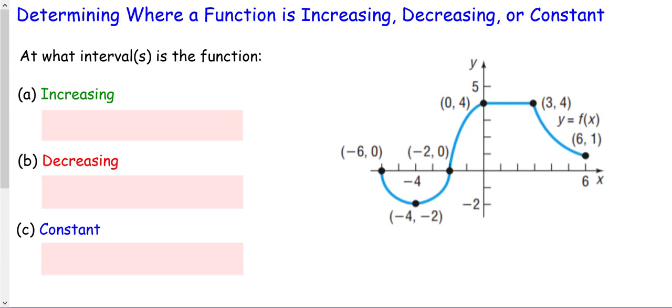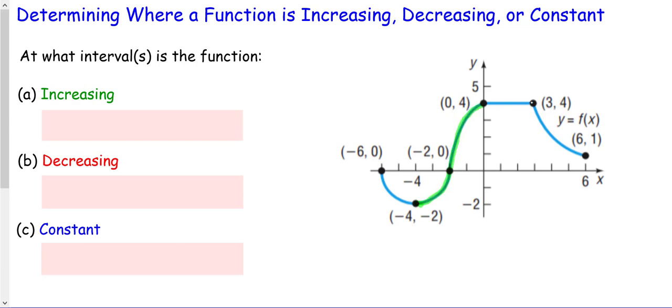Okay, so let's look at this example and figure out where a function is increasing, decreasing, or constant. Increasing means that our function is going to get bigger. At this point, that's not increasing, but starting at this point down here, it's getting bigger and bigger until it reaches this point.